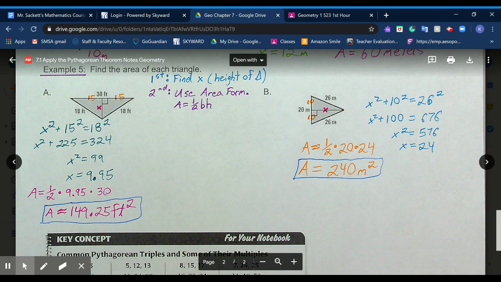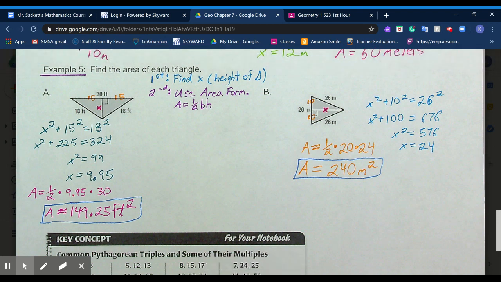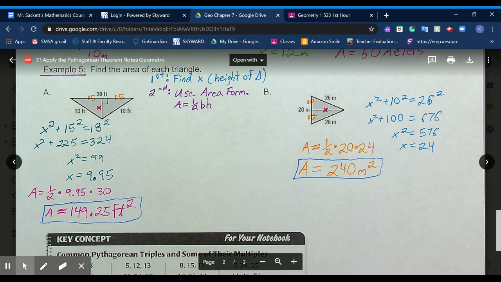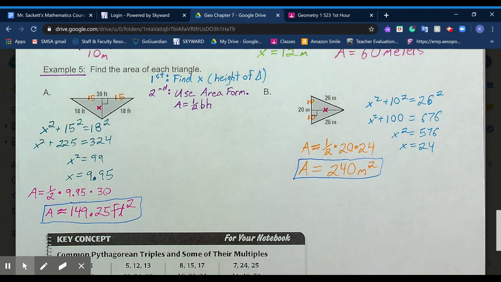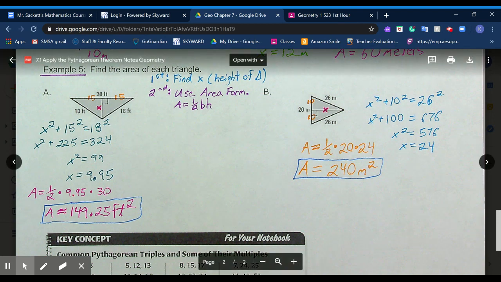And then for B, again, even though they turn the triangle sideways, base and height always meet at 90 degrees. So our base would be this part here of 20 meters. So in this case, we would split our 20 meters in half, giving us 10 and 10. So our setup to find x would be x squared plus 10 squared equals the hypotenuse of 26 squared. x squared plus 100 equals 676. x squared is 576.